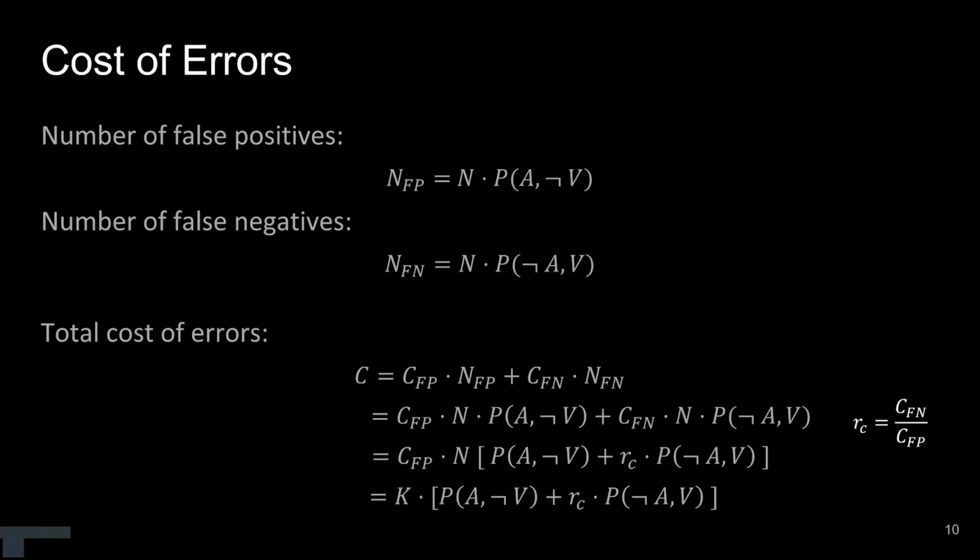Essentially it is the sum of the probability of false positive plus the cost ratio times the probability of a false negative. So now our goal is to see if we can redefine these probabilities in terms of precision and recall.